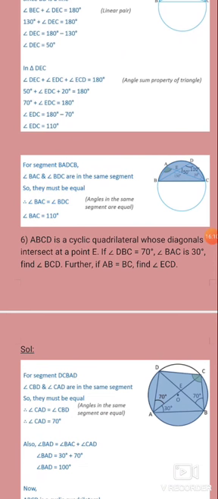Now the last question. ABCD is a cyclic quadrilateral whose diagonals intersect at a point E. If angle DBC is 70 degrees, angle BAC is 30 degrees, find angle BCD. Further, if AB is equal to BC, find angle ECD.